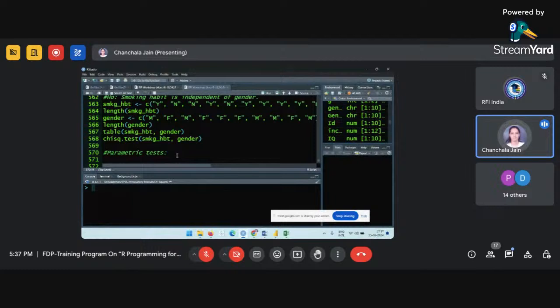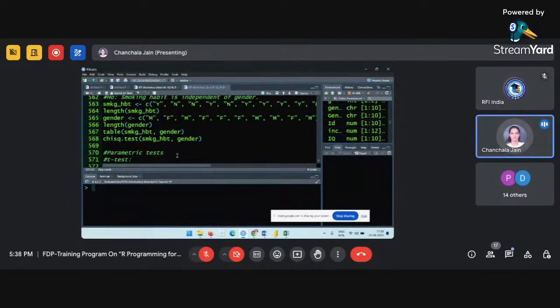In statistics, for each and every kind of statistical test, there are certain assumptions. Today we will see how we can check the normality of the data, and how we check the remaining assumptions. In this category, firstly I'll talk about the t-test. Can any one of you tell me the purpose of the t-test?